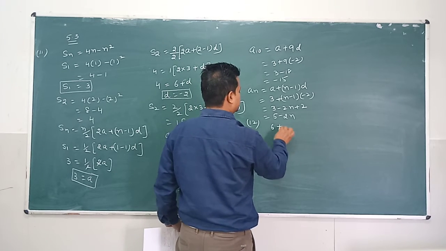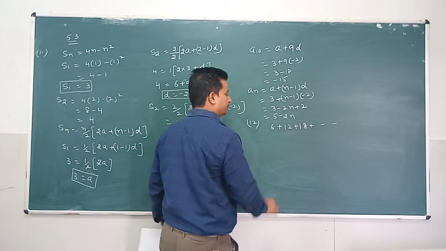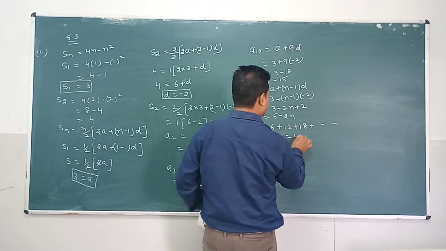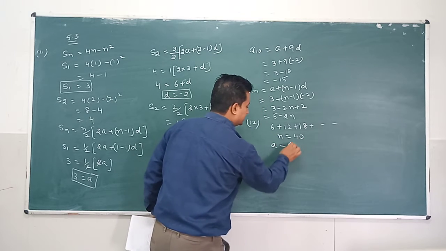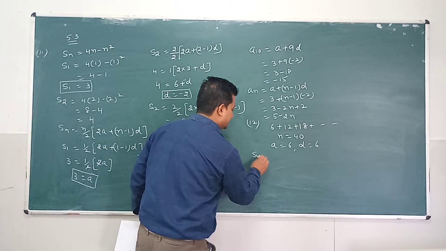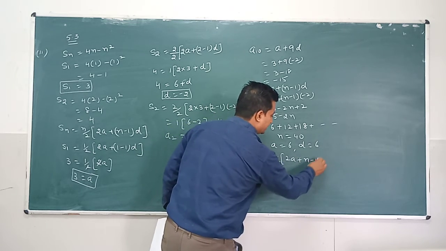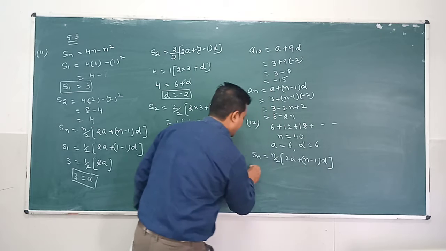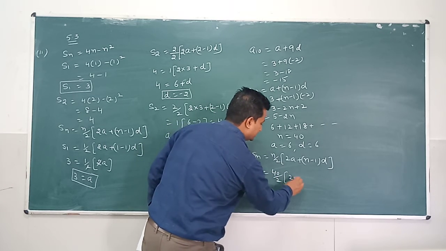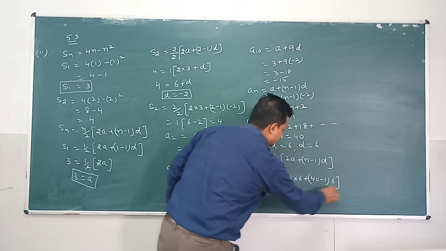In question number 12, the statement is: find the sum of the first 40 positive integers divisible by 6. These are 6, 12, 18. These are the positive integers which are divisible by 6. n is equal to 40. Here a is equal to 6, d is 12 minus 6, 6. And Sn is n upon 2 into 2a plus n minus 1 into d. n is 40, so it's 40 upon 2 into a is 6 plus 40 minus 1, d is again 6.